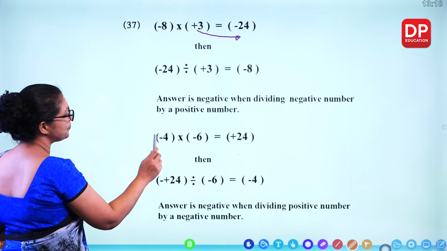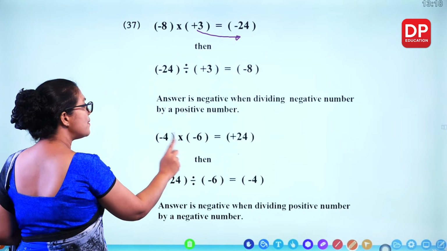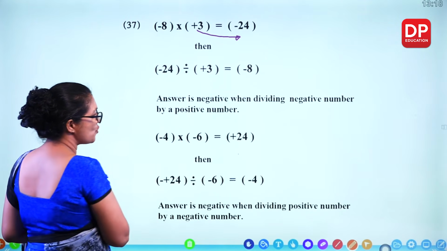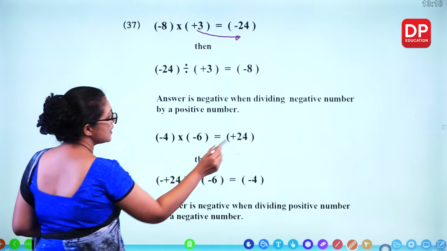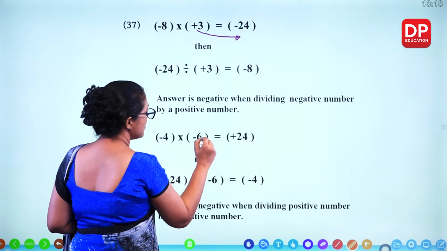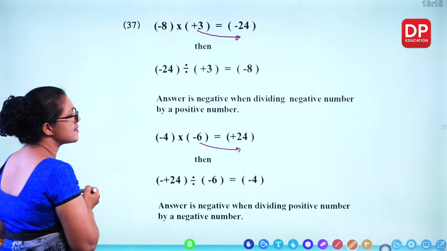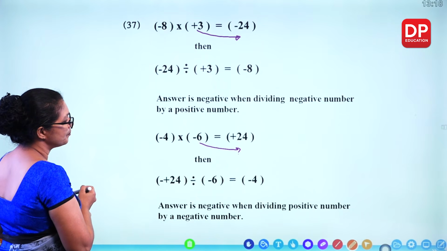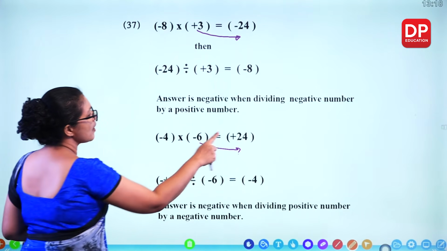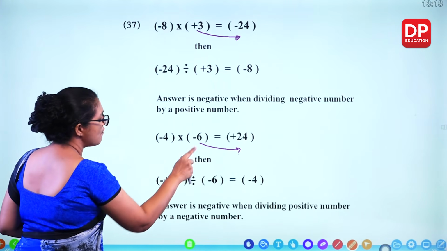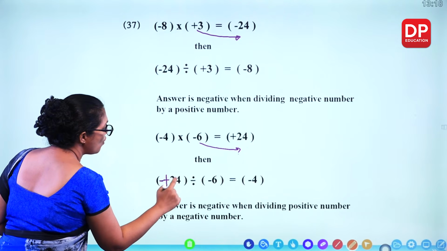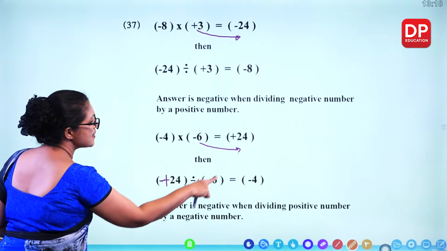Here also, both numbers are negative. You get positive 24. When you take this one, here minus 6 to this side, what happens? Plus 24 divide by, this is plus 24 divide by minus 6.